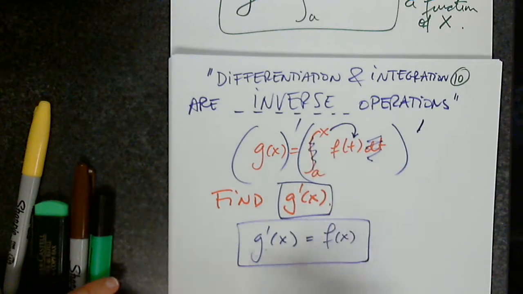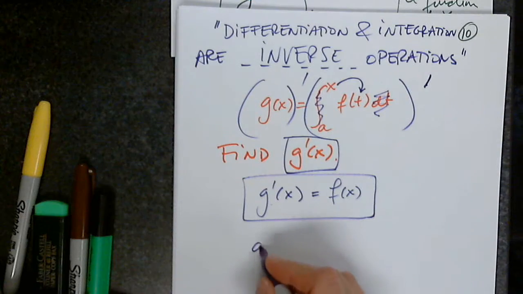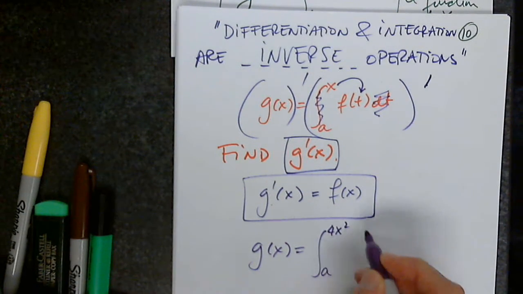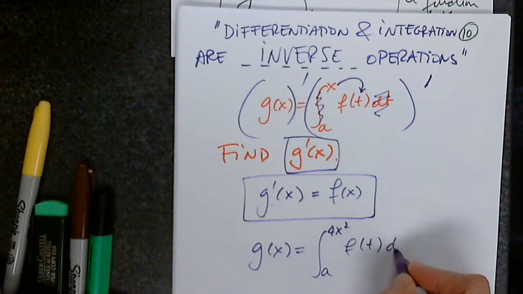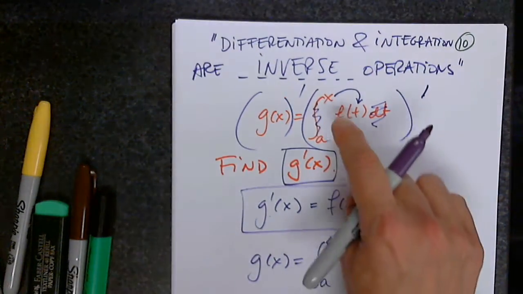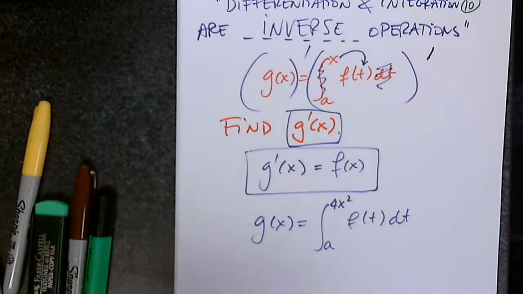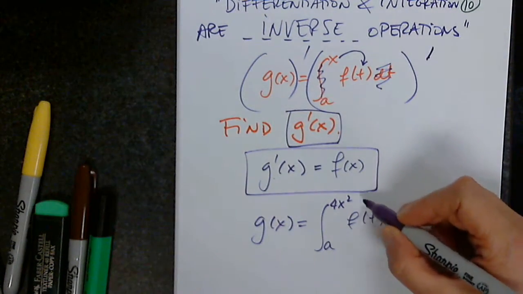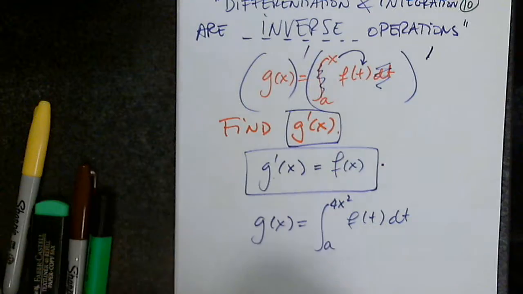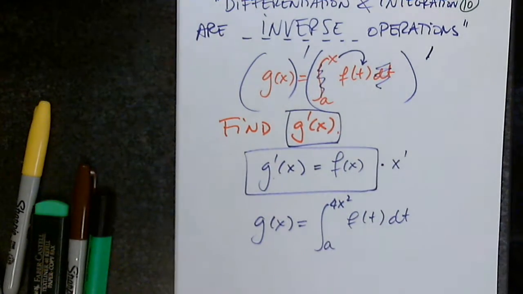What if I don't have x here? Let's say I'm given a function as the integral from a to 4x squared of f of t dt. Can anyone read the inner function? It's no longer x. What is the function that I will replace t by? It's 4x squared. So here I should have multiplied by x prime, by the chain rule.